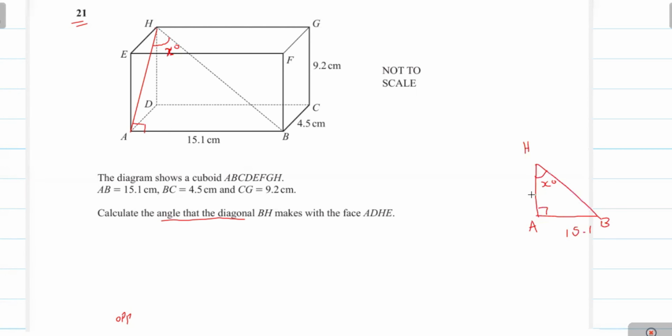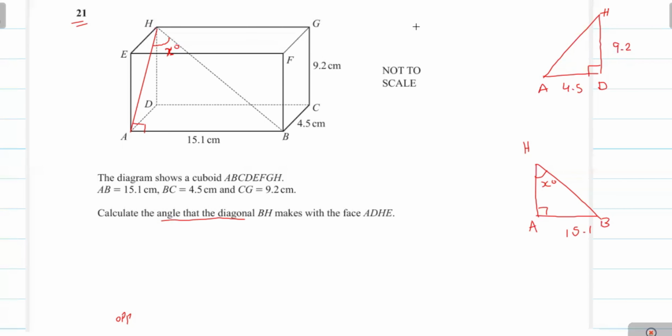Therefore, ADH is a right angle triangle, and the length AD is 4.5 centimeter, and the HD length is 9.2 centimeter. Therefore, this length AH we have to find.